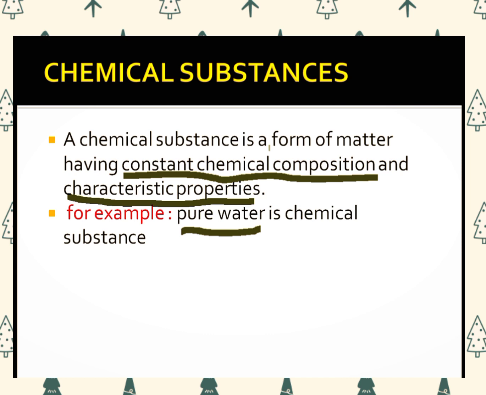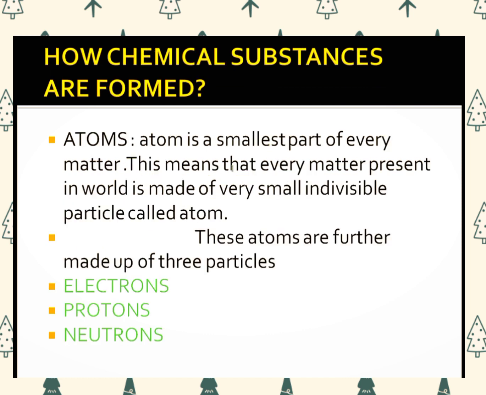Moving on, we should know how these chemical substances are formed. Anything on the earth, any substance or any matter, is formed by very basic components called atoms. An atom is the smallest part of every matter. This means that every matter present in the world is made of very small, indivisible particles, that cannot be further divided, known as atoms.